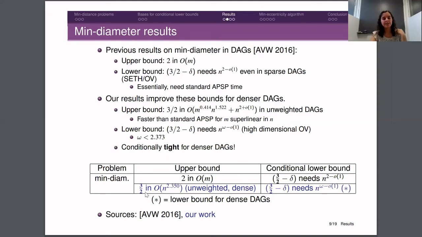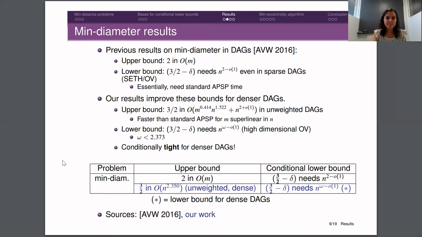We have this 3/2 upper bound that we know you can do in this runtime here, which you get by substituting in m is order of n squared, so dense graphs. And this lower bound says that you conditionally need matrix multiplication time in order to do better than 3/2, and this is 2.373, so this is larger than this runtime that we found for the current value of omega anyway.